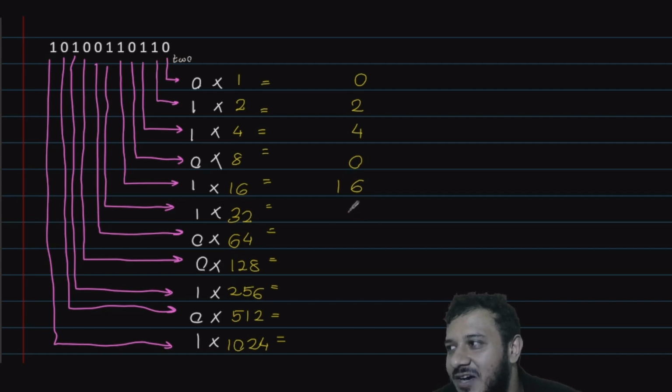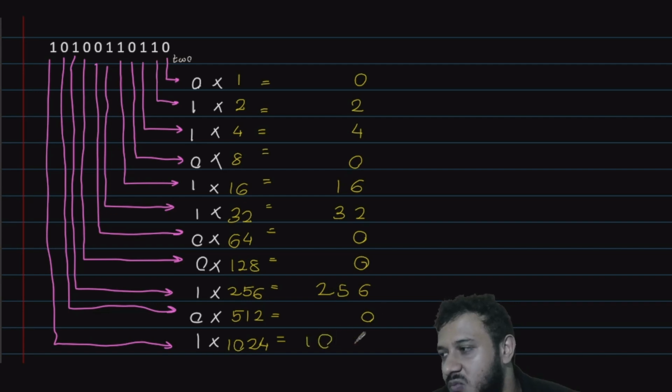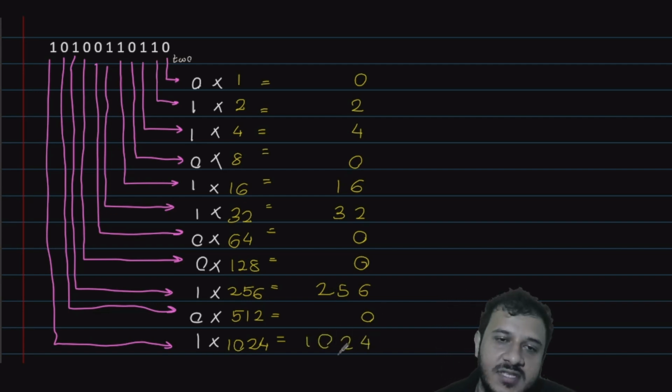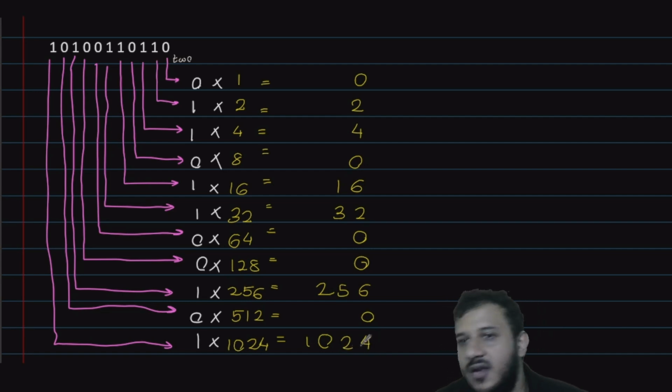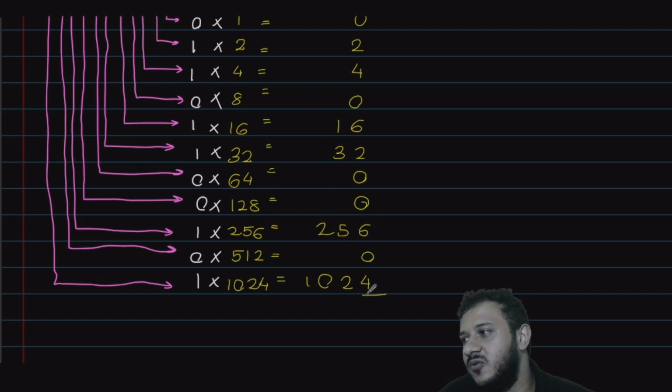Then 16? Yes. 32? Yes. Any 64s? No. Any 128s? No. Any 256s? Yes. Any 512s? No. Any 1024s? Yes. And all we need to do now is add those digits up.